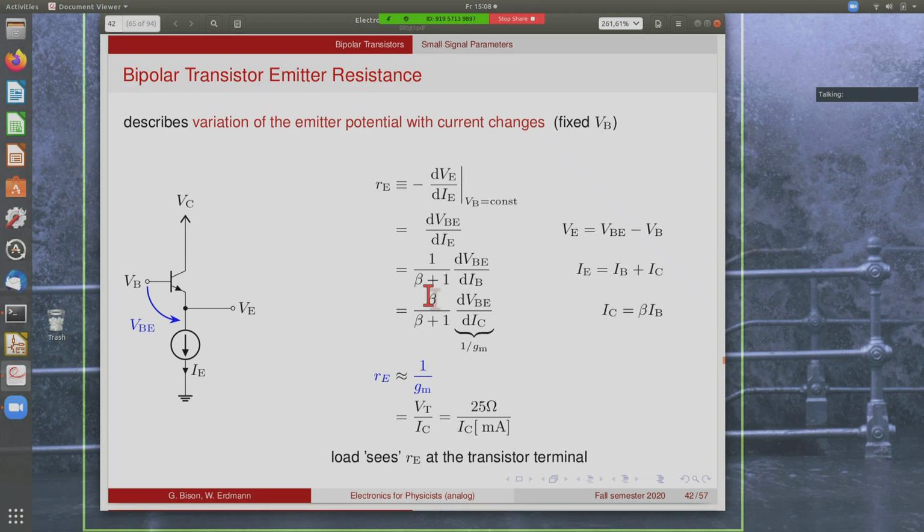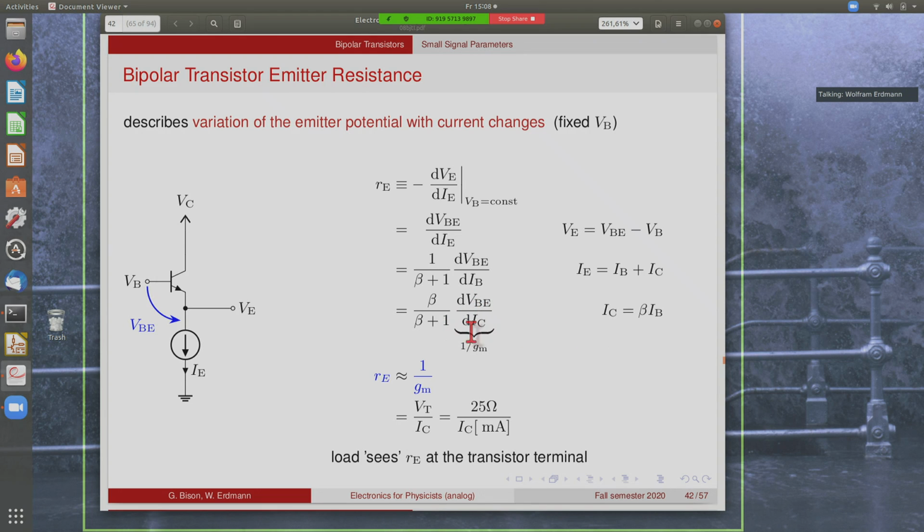Okay, now since the emitter current is the sum of the base current plus the collector current, so this is 1 plus beta times the base current. So we get a factor 1 plus beta here when we take the derivative with respect to the base current instead of the emitter current.